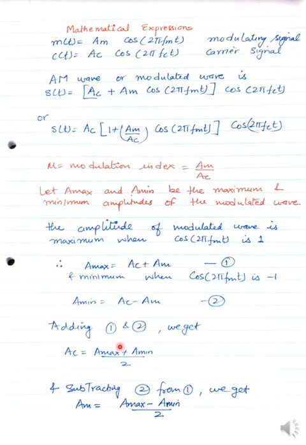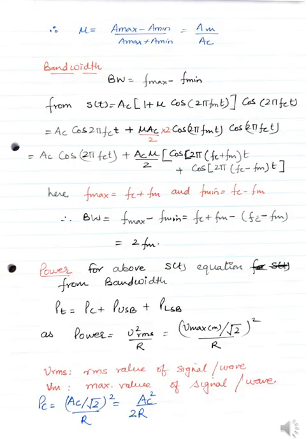If we add them, it will be twice Ac, and this will be A max plus A min. So we can say Ac is equal to (A max plus A min) divided by 2. If we subtract, then we can find Am, the relation of Am with these two amplitudes.